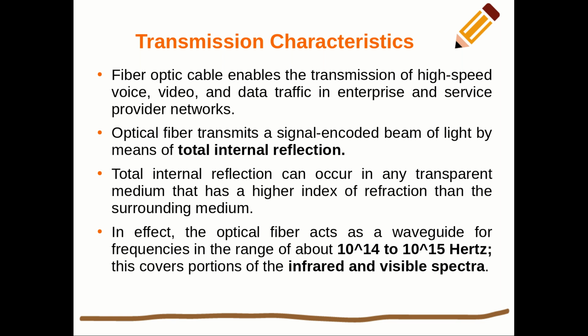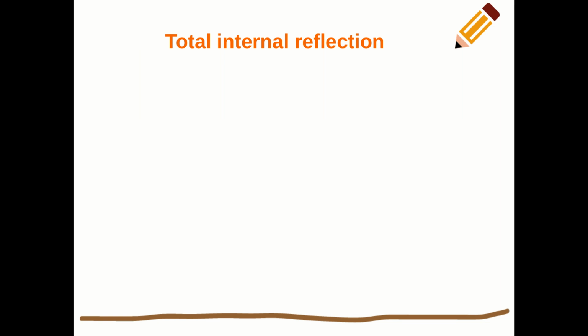And I think at the beginning of this module we saw that electromagnetic spectrum, and where we saw where that visible spectrum is coming. So the visible spectrum is typically in this frequency range, and over this our fiber optic cable is functioning.